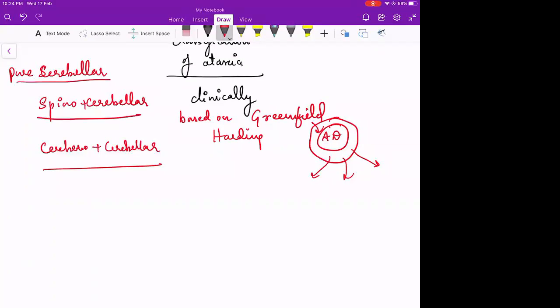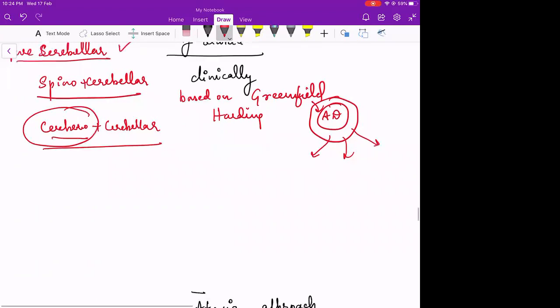In pure cerebellar ataxia, the patient will have core cerebellar symptoms. In spinocerebellar ataxia, the patient will have both sensory symptoms and cerebellar disorder. In cerebrocerebellar ataxia, the patient will more often have cerebral complaints, because the executing motor fibers are affected here.